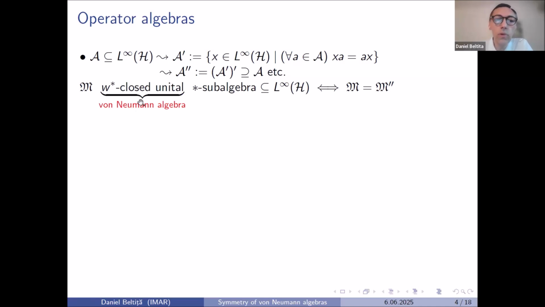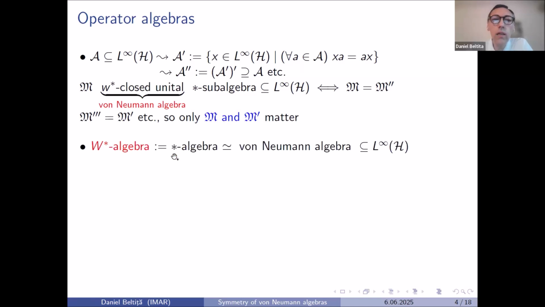So a purely topological property is expressed by a purely algebraic property, and it is part of the magic of von Neumann algebras that this theorem holds true. And here we have what I mentioned before, the basic symmetry between M and M prime: M prime can be obtained from M, but also M can be obtained from M prime as the commutant of M prime.